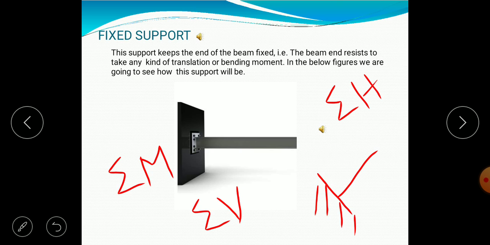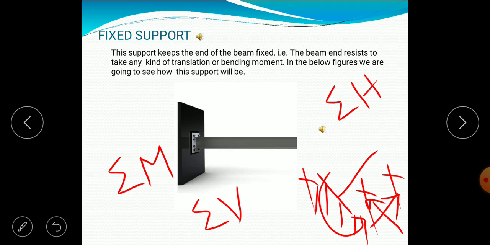So if we discuss the fixed support, it is fixed. It can't move horizontally. Next, it can't move vertically. Next, it can't rotate. Why? Because it is fixed in all directions without moving.